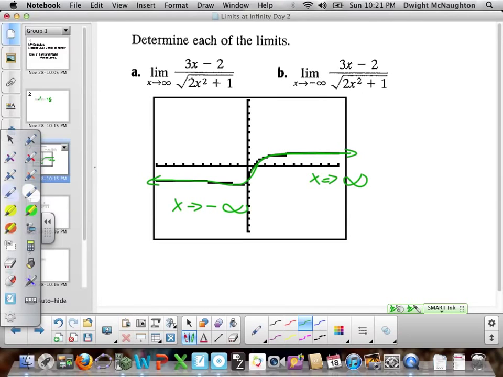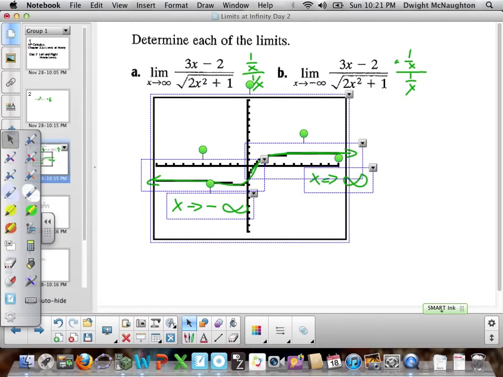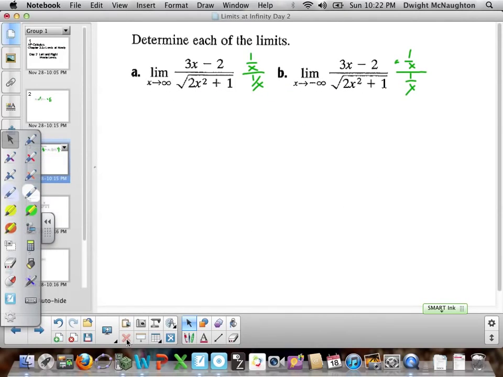So really, it is 1 over x we're going to have to multiply by, top and bottom. However, because it's the square root, what's going to happen? If we're going to positive infinity, not much. That's going to be okay. We're going to need to do a little adjustment because of the square root.